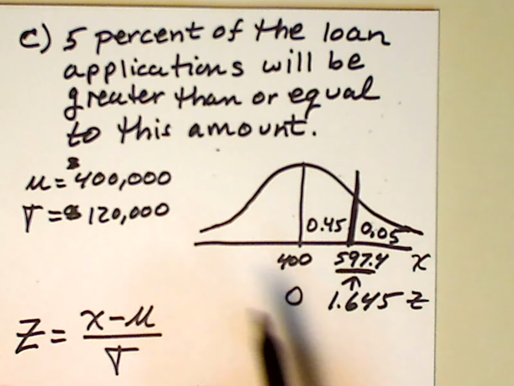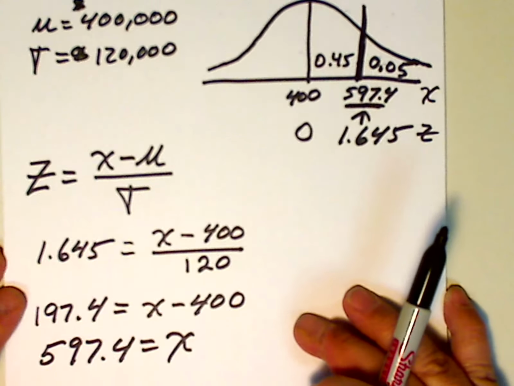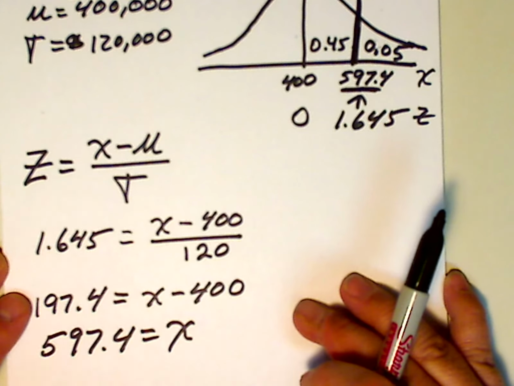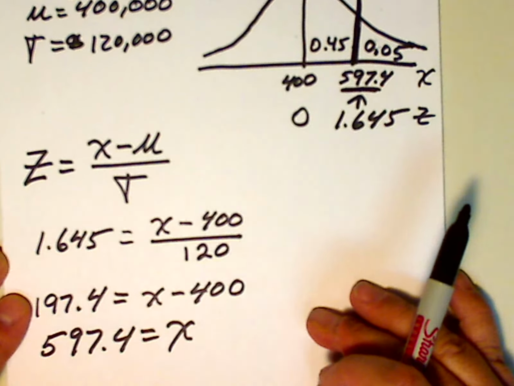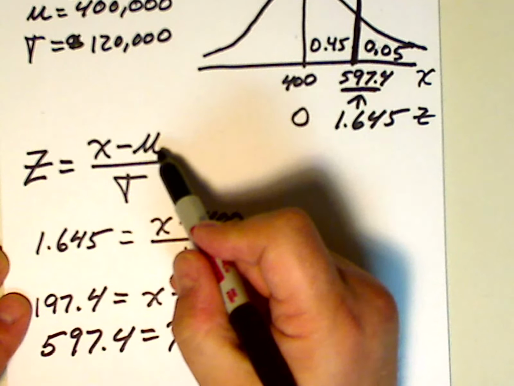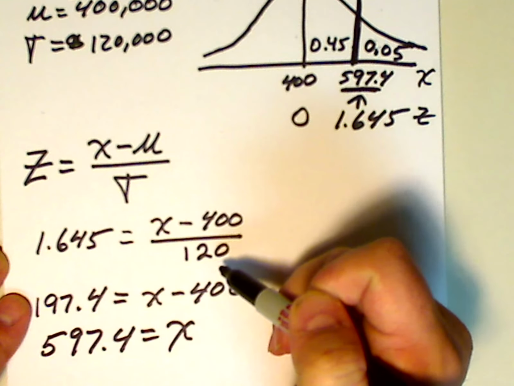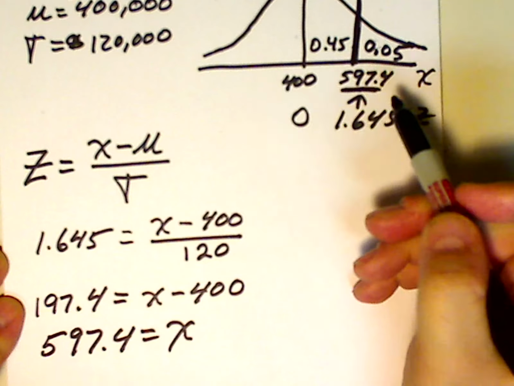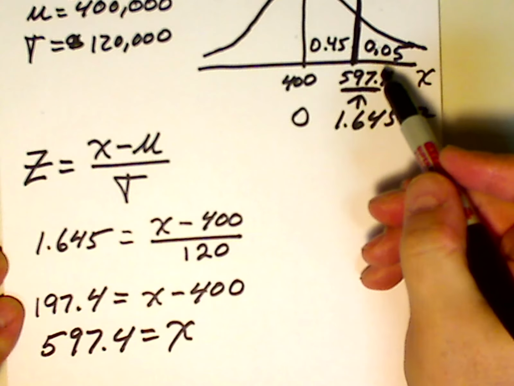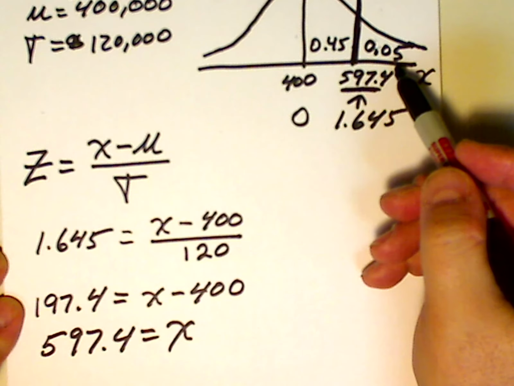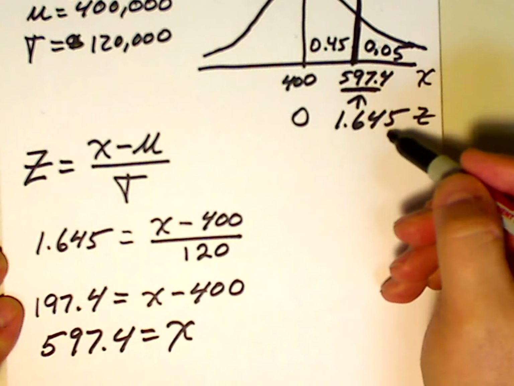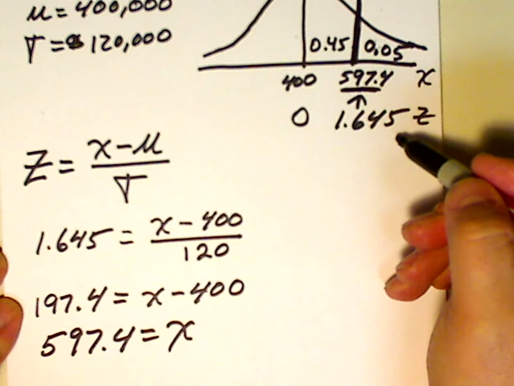So we took our z transformation formula, z equals x minus mu over sigma, mu being the mean, 400, sigma being the standard deviation, 120. We found the z associated with 0.05 in the right tail. That's 1.645.